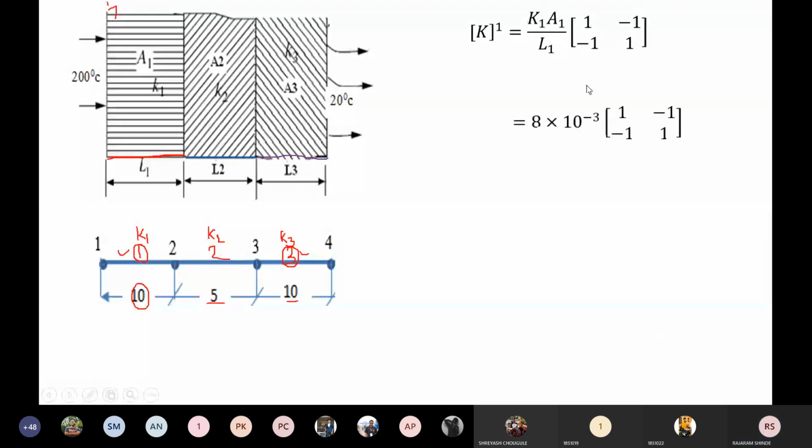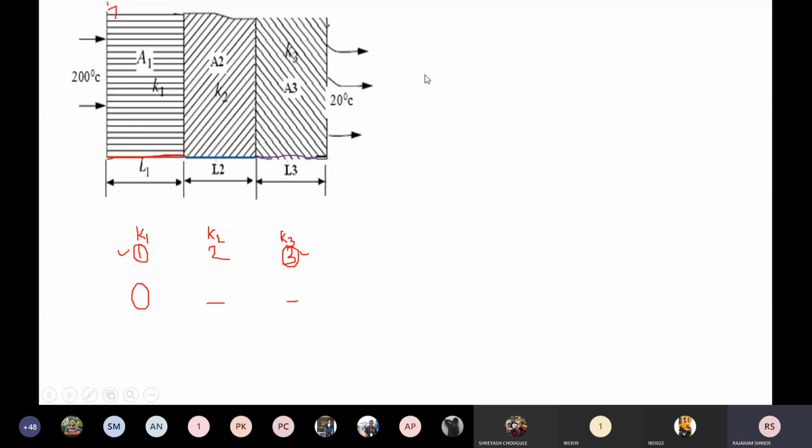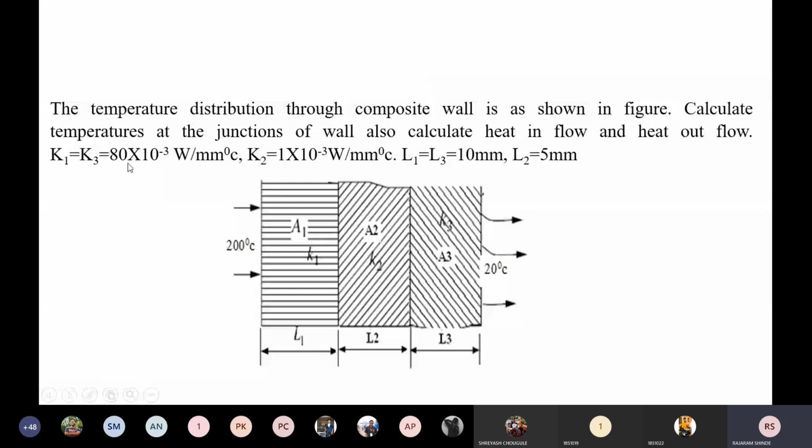Now what is K1 here? K1 is 80 into 10 raised to minus 3 and L1 is 10 millimeter.